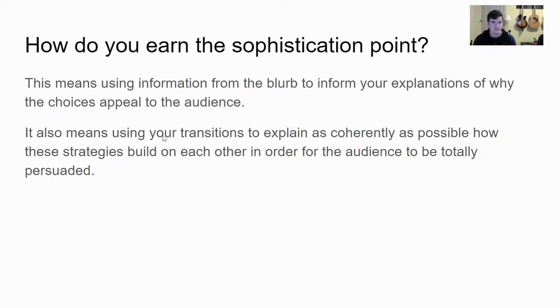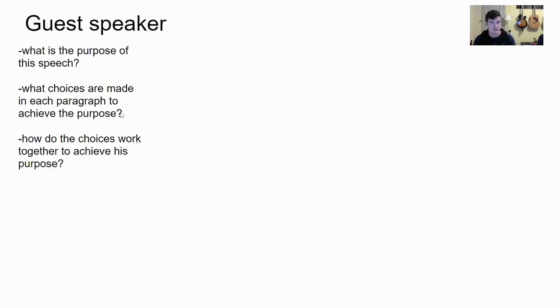So with that said, understanding that it requires using that information from the blurb, understanding the rhetorical situation fully, but then also being able to identify those choices in a text and then explain how they work together to achieve the writer's purpose, or the speaker's purpose. So to model this, I have a guest speaker.